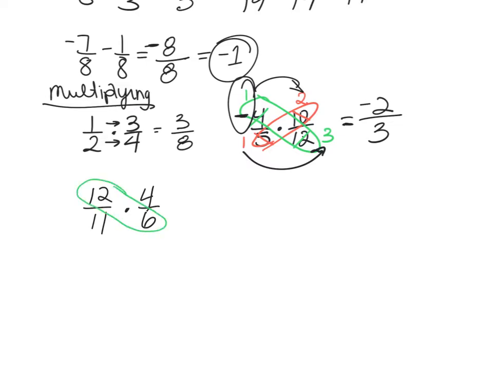Well, 12 and 6 have a common factor. If I divide 12 by 6, I get 2. And if I divide 6 by 6, I get 1. Now I have a smaller problem. 2 times 4 is 8, and 11 times 1 is 11, 11/8.